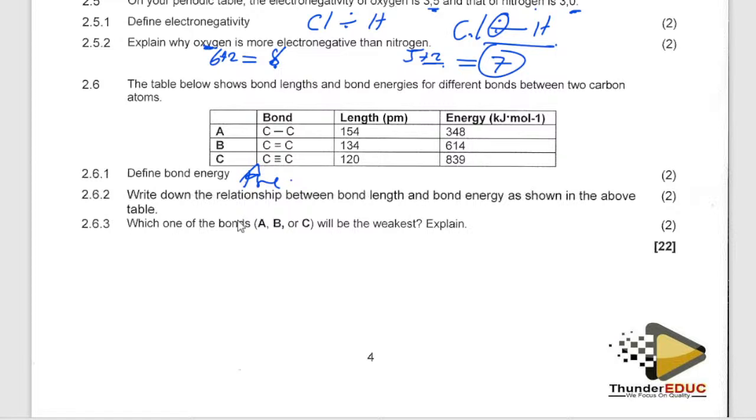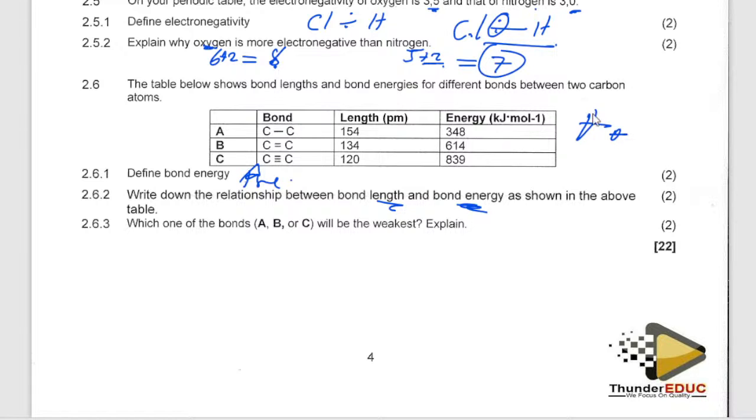It depends on what your teacher has taught you, but as long as you define it correctly, you get your 2 marks. Then you're saying, write down the relationship between bond length and bond energy. When I was teaching this, I gave students examples of chalk. I said you have a long chalk and a short chalk. I asked 2 students to break them, and they were able to break the long one, but we were not able to break the short one.